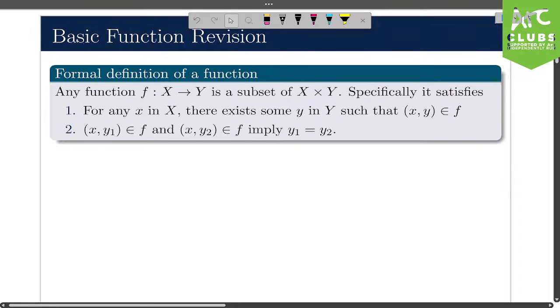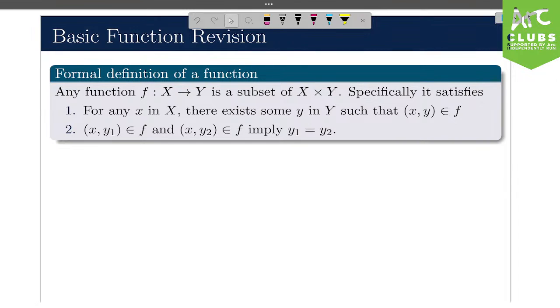All right, some other important facts. We covered the formal definition of a function in 108.1.2, and this basically defined any function from X to Y as a subset of the Cartesian product X times Y, right? So it's the Cartesian product that satisfies that for any x, there exists some y such that this ordered pair is in the Cartesian product.